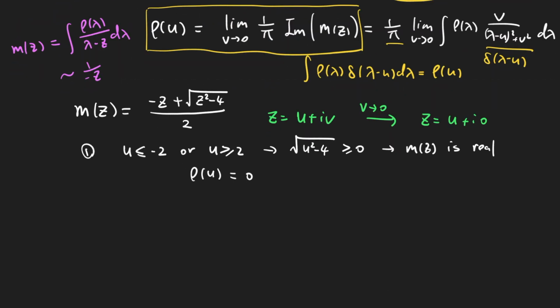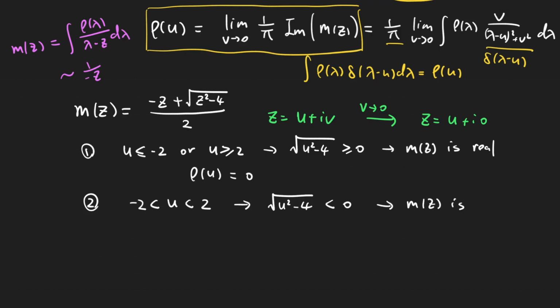Next, for the second case, when u is between minus 2 and positive 2, the square root of u squared minus 4 is smaller than 0, and m of z is complex.